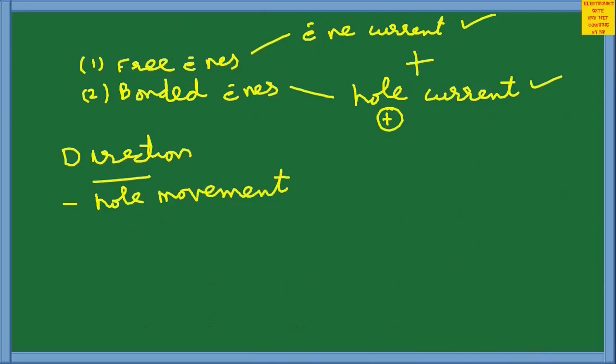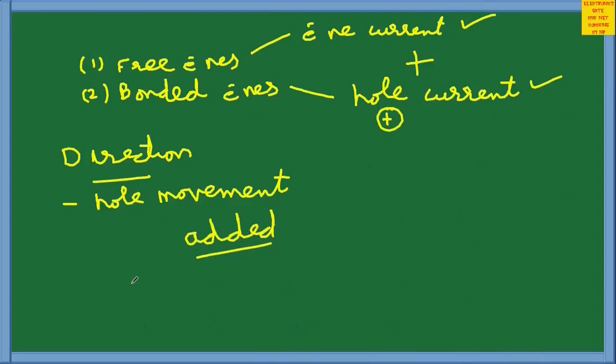And hence the electron current, or the current due to free electrons, will be in the direction opposite to the direction of movement of free electrons, and the direction of hole current will be in the direction of movement of holes or vacancy, and both will be in the same direction and both currents will get added up.